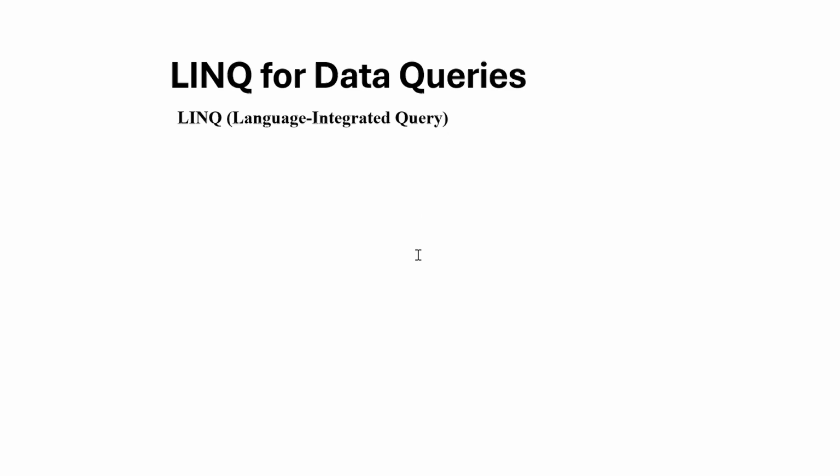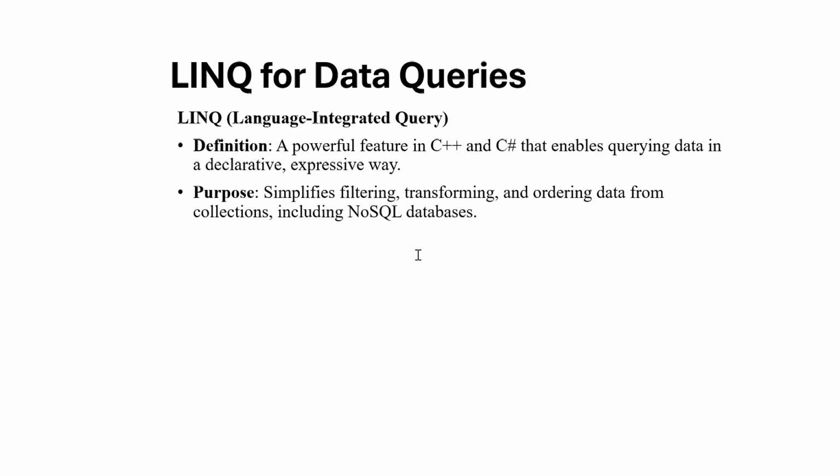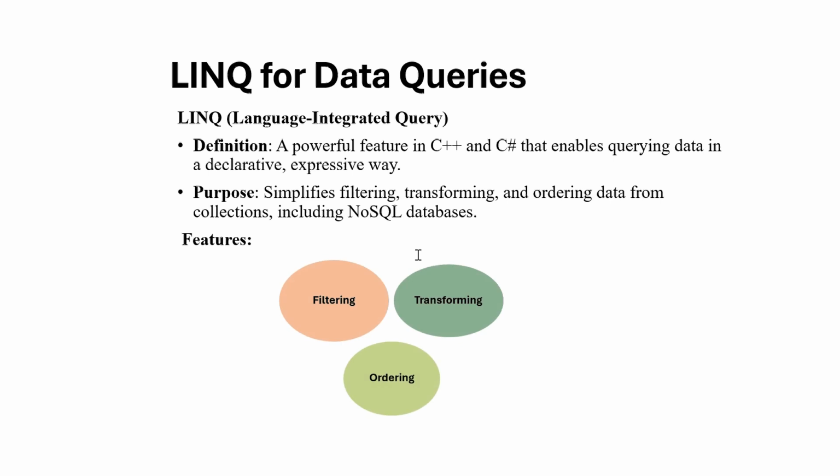So we have an example of LINQ, language integrated query. This is a powerful library and very close to human readability, and it is sort of a NoSQL format of language. To extract the information, LINQ provides various constructs for filtering, transforming, and ordering of the data.